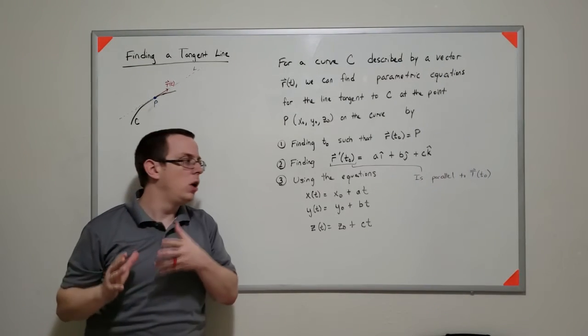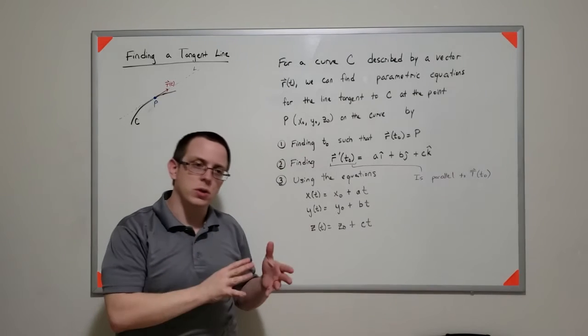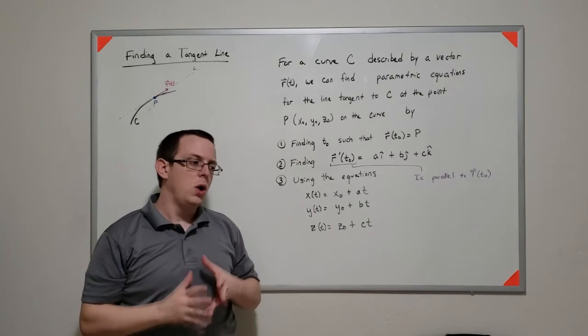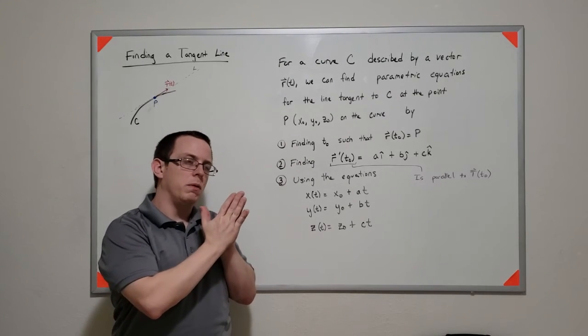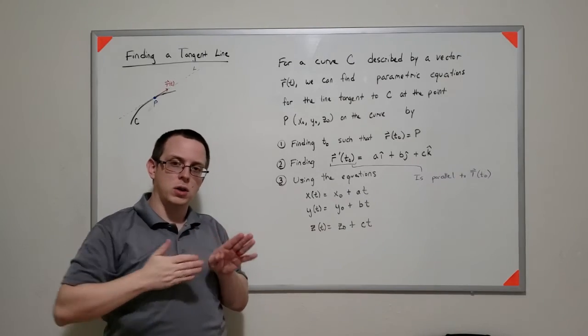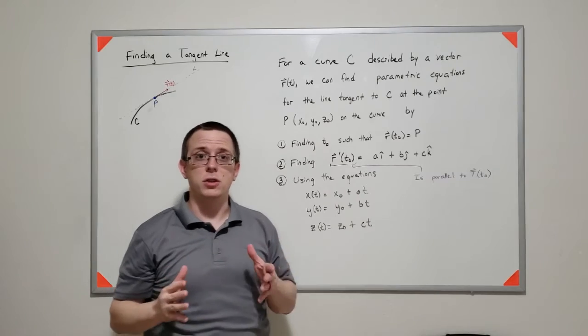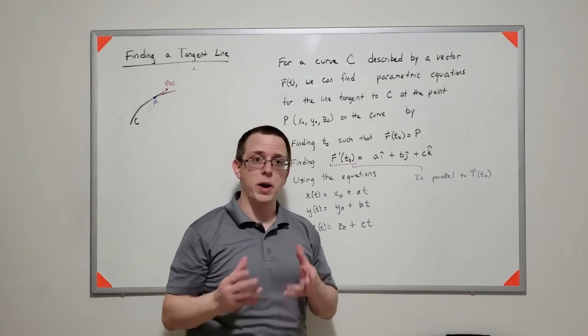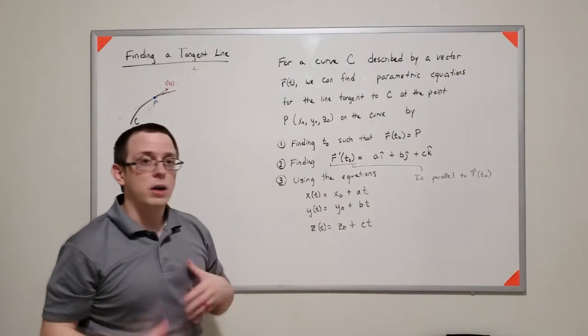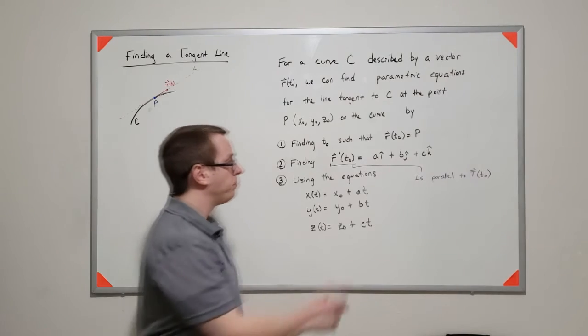If you recall, going back several sections before, any vector parallel to the direction vector for the line is sufficient to construct equations for a line. So really we're just saving ourselves a step.